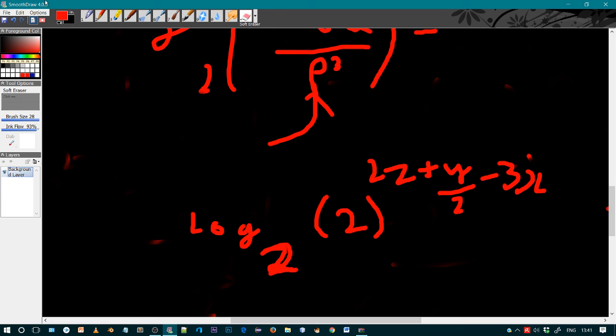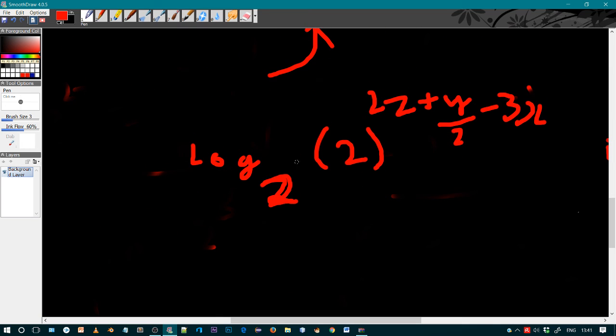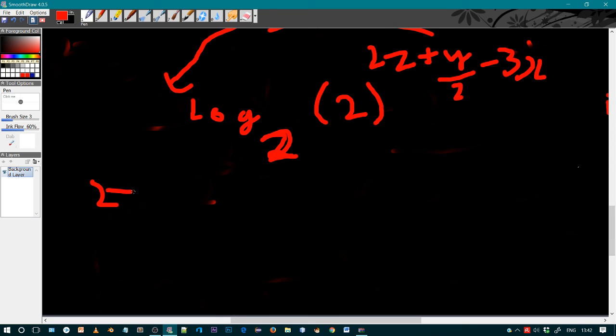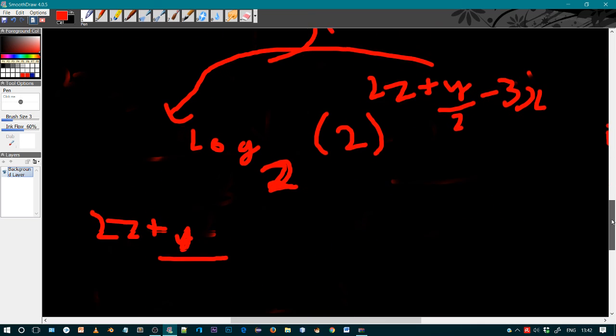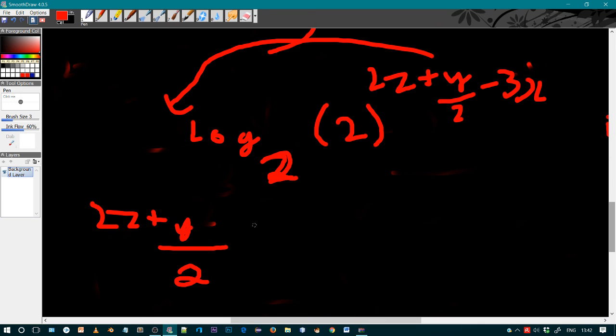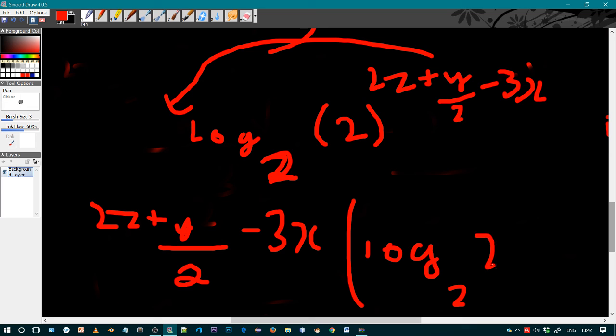Now, see that rule before, that log base 2 is here and 2 has some power. This will go back here again and it will multiply itself. So 2z plus y by 2 minus 3x into log base 2 of 2.